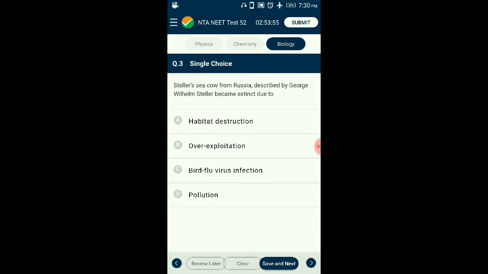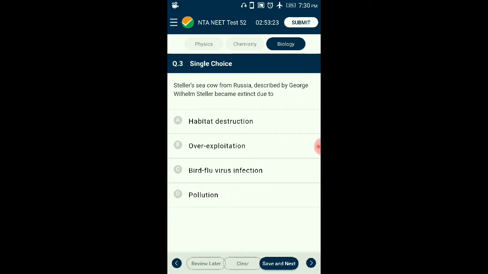Question number 3. Steller's sea cow from Russia, described by Georg Wilhelm Steller, became extinct due to. Overexploitation is one of the four major causes of biodiversity loss, as humans depend on nature for their needs and as a result overexploit the natural resources, leading to loss of biodiversity. IUCN has recorded, in the last 500 years, the extinction of 785 species.